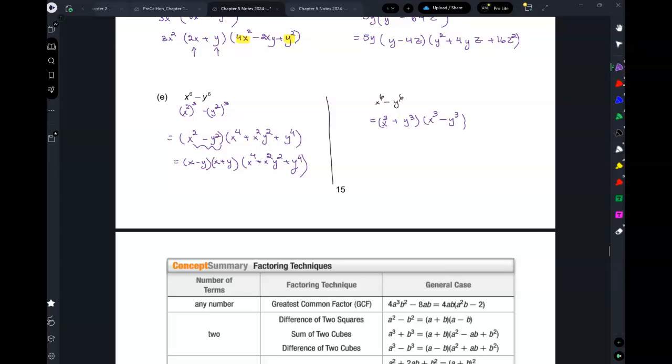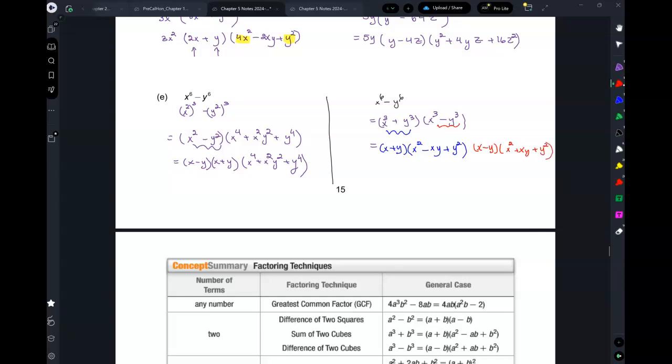So now, look, this is sum of cubes. So I can do x plus y, just like I've been doing in this lesson, x squared minus xy plus y squared. And then this one, x minus y, x squared plus xy plus y squared.